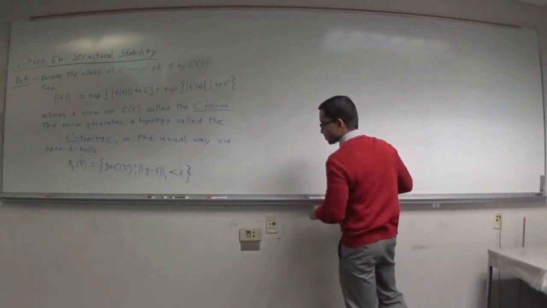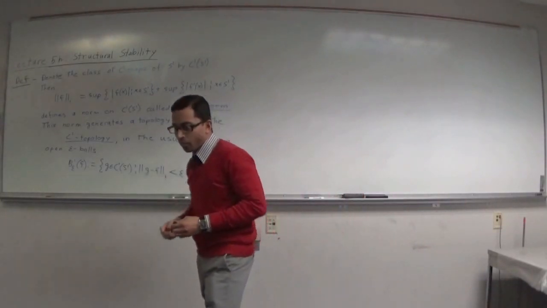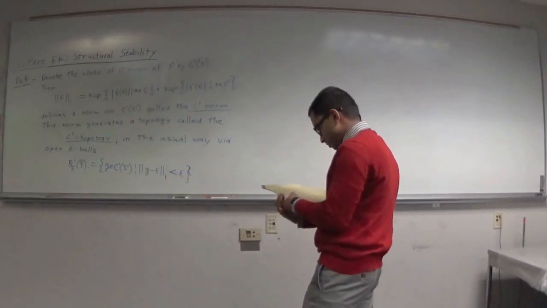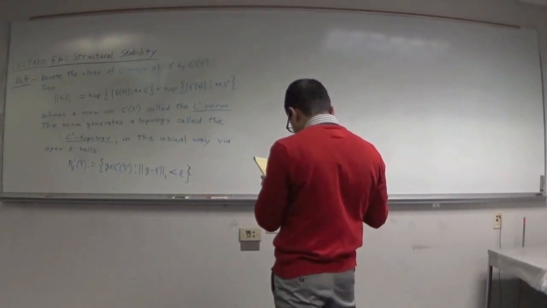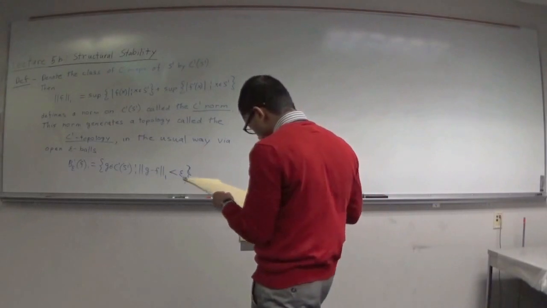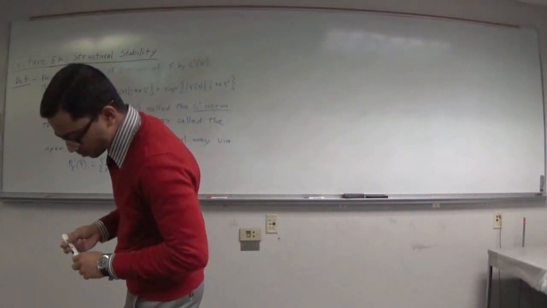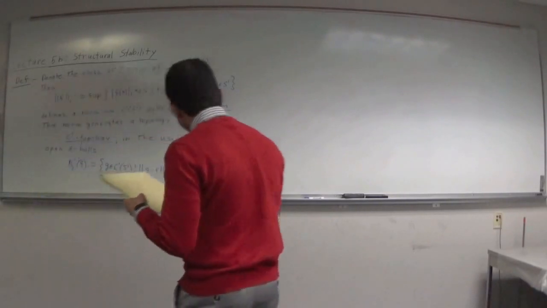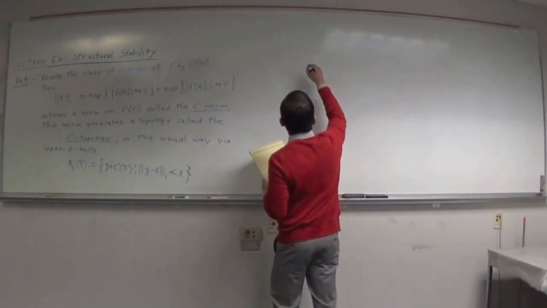While you're doing that, why would you think that structural stability would even be important in applications? It's a fairly abstract-looking thing. Why would that be something that applications people would be interested in? Well, let me sort of set it up for you a little bit.